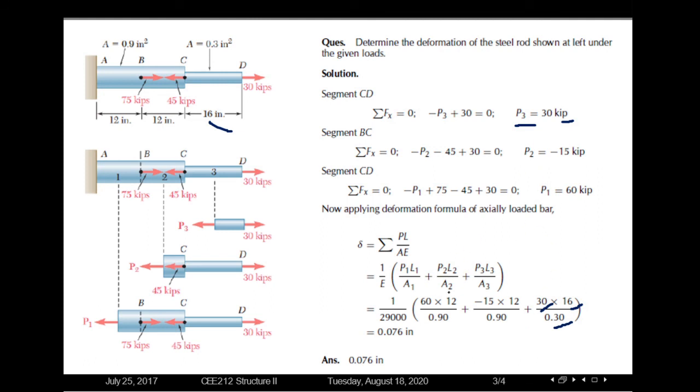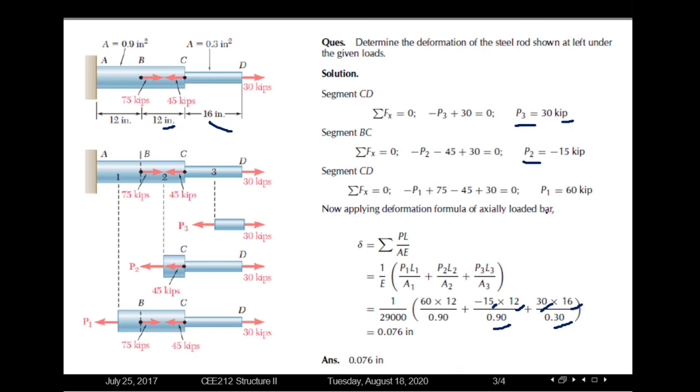Then for P2, considering this net effect of minus 15 kip, this net force will be acting on the BC segment. The length of the BC segment is 12 inch, so plugging in the length of 12 inch, the net force minus 15, and the cross-sectional area 0.9, we will get the deformation of the BC segment.